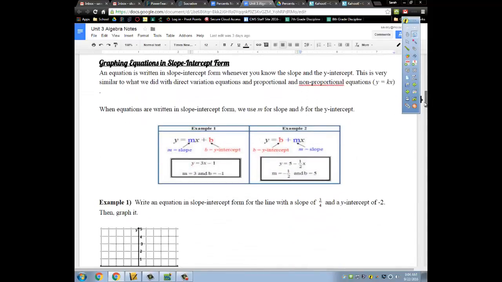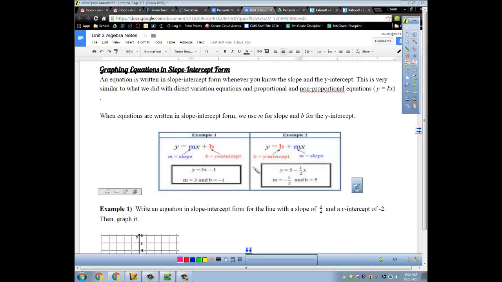Okay, so onto our notes page. We're going to be using the equation y equals mx plus b because that is our slope-intercept form equation. Now, when they came up with the equation y equals mx plus b, I don't know where they got m and b, but I like to think of it as m, which we know is our slope. Our slope is always in front of x.